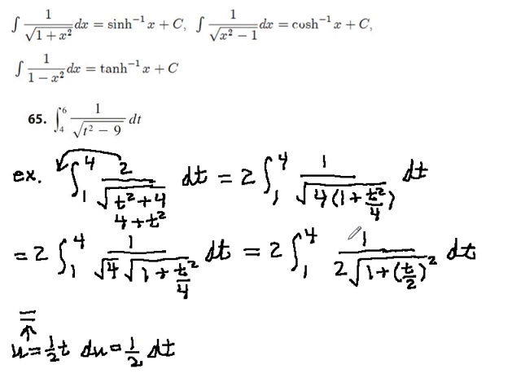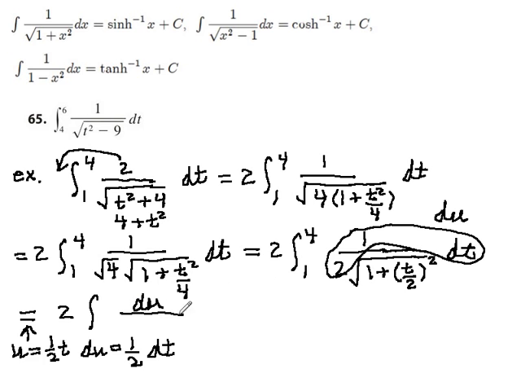So 1/2 dt, so notice that that's right here. There's our du, and this is our u. So we've got a 2 out in front, integral, and then this will be the 1/2 dt, that's your du up on top, and then in the denominator we've got square root 1 plus u squared. So now it does look exactly like this.